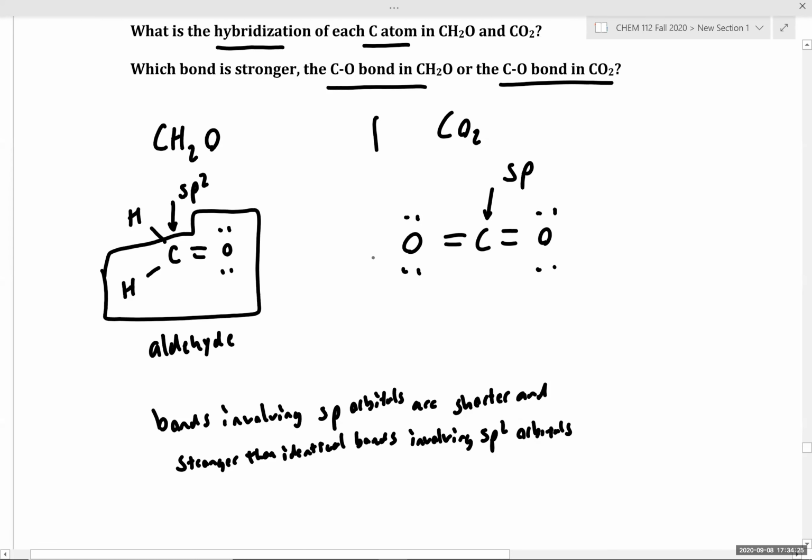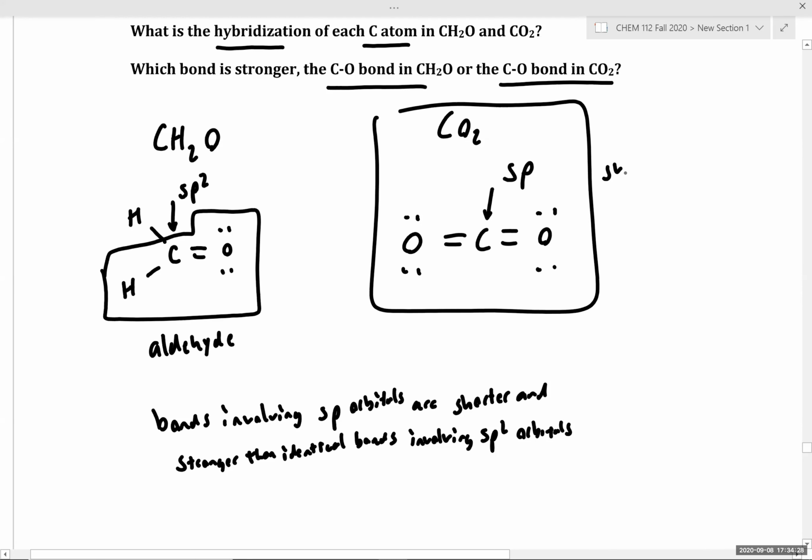So in turn, carbon dioxide would have a shorter, stronger carbon-oxygen bond. So in terms of our list, first we note that both of our bonds are double bonds, and then we look at orbital effects, and bonds involving sp orbitals are shorter and stronger.